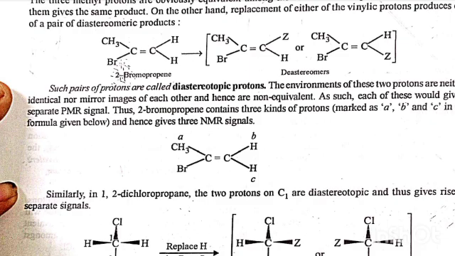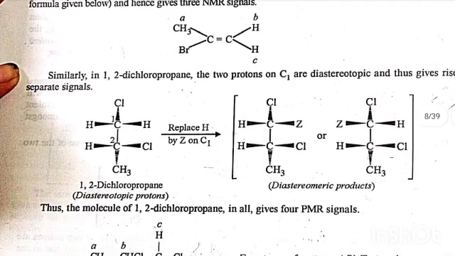The environments of these two protons are neither identical nor mirror images of each other and hence they are non-equivalent. As such, each of these would give separate PMR signals. Thus, 2-bromopropene contains 3 kinds of protons and hence gives 3 NMR signals. Similarly, in 1,2-dichloropropane, the two C1 protons are diastereotopic and thus give rise to separate signals.